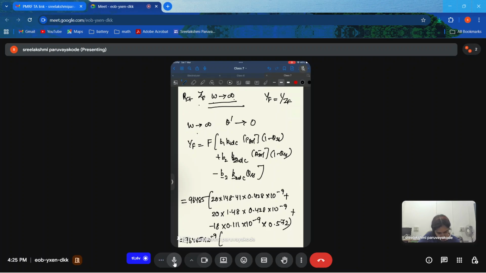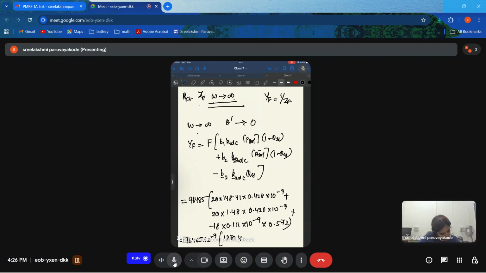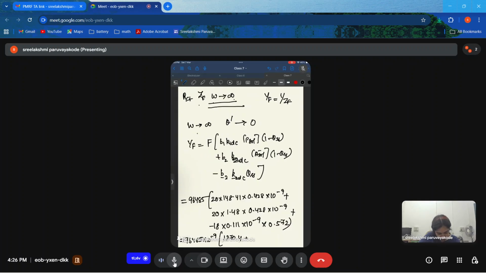20 into 148.41 into 0.428 is nothing but 1270.4 plus the next term, 20 into 1.48 into 0.428, 12.7, plus, so it's negative, 18 into 0.111 into 0.572, 1.2.